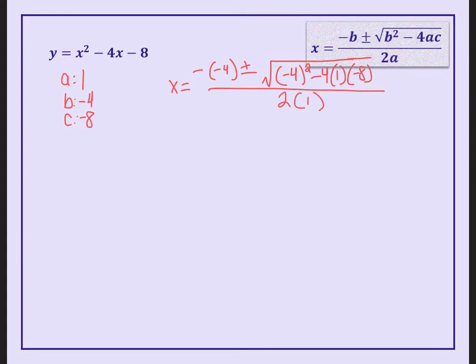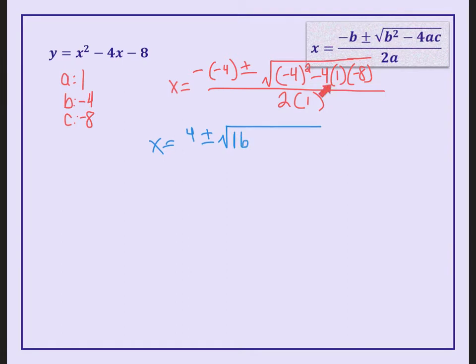Okay, so now we're going to look at these double negatives. We're going to square this number and we're going to multiply all 3 of these numbers and multiply this number. So let's start on the first one. X is equal to a -4 becomes a +4 plus and minus the square root. -4 squared is a +16. This number will always be a positive number.